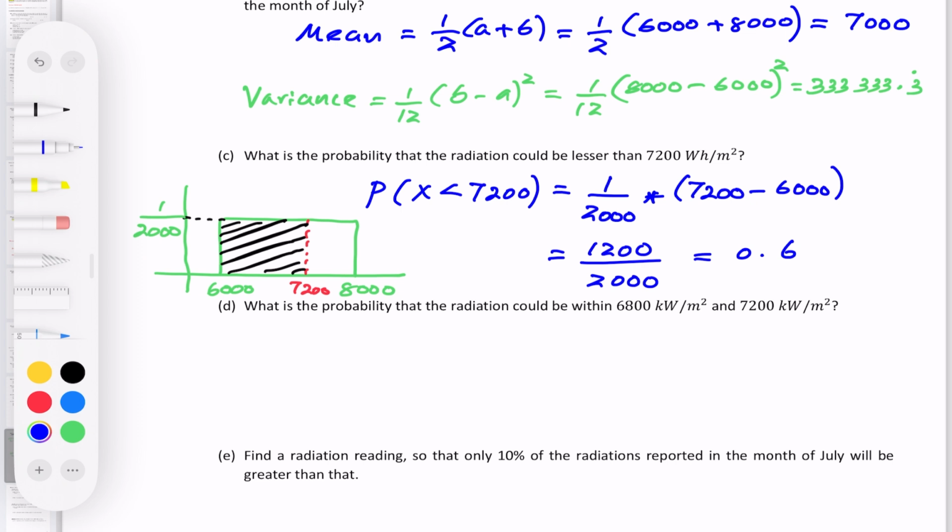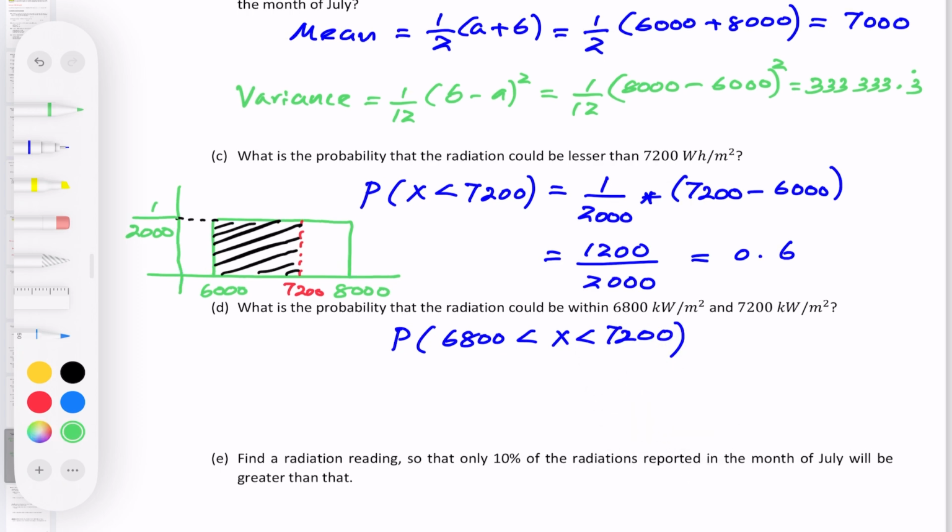What's the probability that the radiation could be within 6,800 and 7,200 watt-hours per square meter? The way the units are written is a typo. Please ignore that. Once again, this means I need the probability that x is going to be between 6,800 and 7,200.